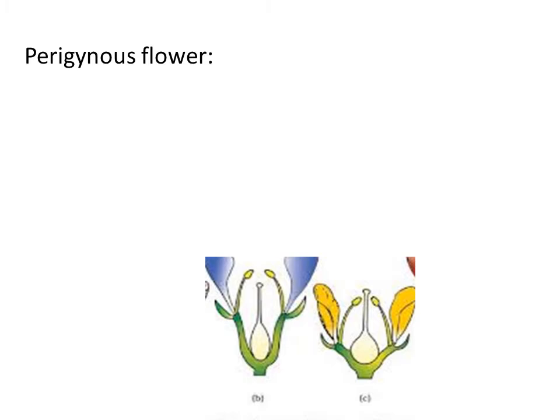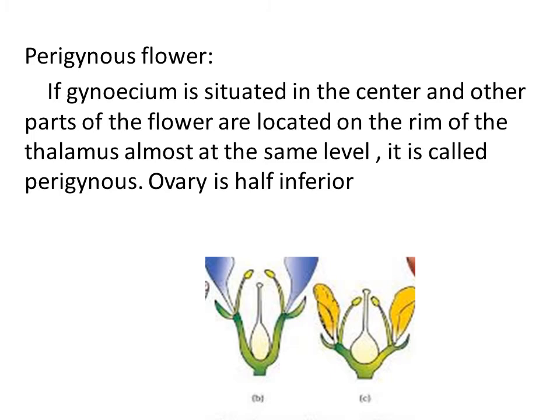Clear? So how can we define the perigynous flower? If the gynoecium is situated in the center and other parts of the flower are located on the rim of the thalamus almost at the same level, right? So you just observe the diagram. The gynoecium is situated in the center, right?